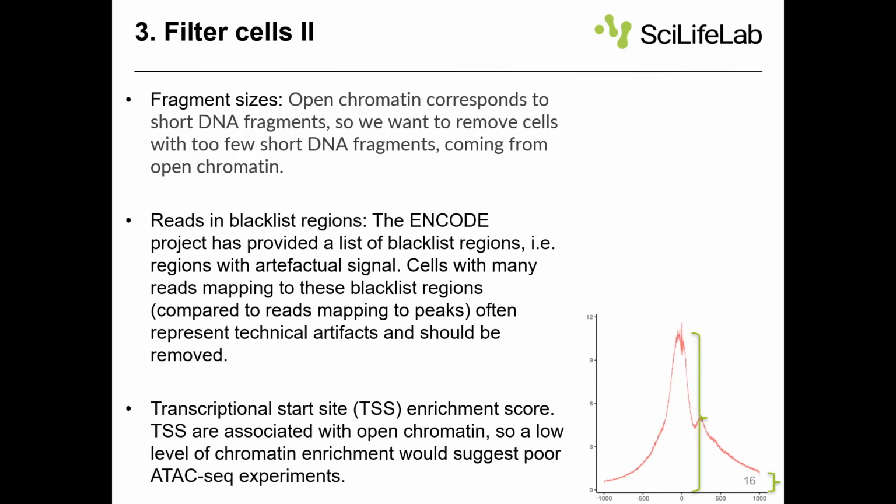No matter what kind of ATAC or ChIP or what experiment you do, you always get a lot of reads coming from these regions. Most of them are transposons or other repeats, but it can be other things too. So these are just regions that people have found that we don't trust whatever signal we get from here. And if you get many, many reads mapping to these blacklist regions, that's a warning sign.